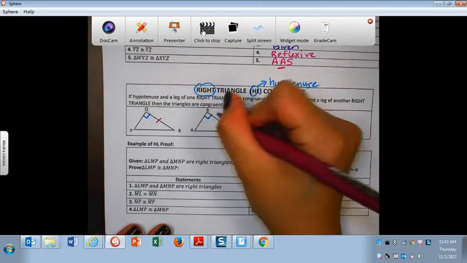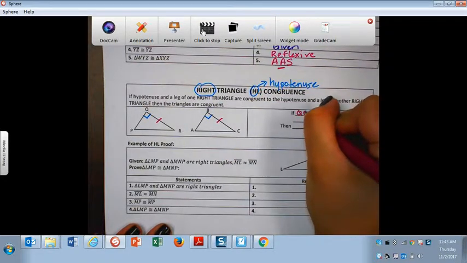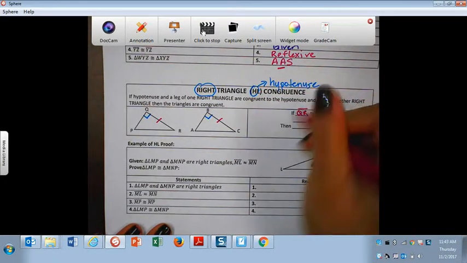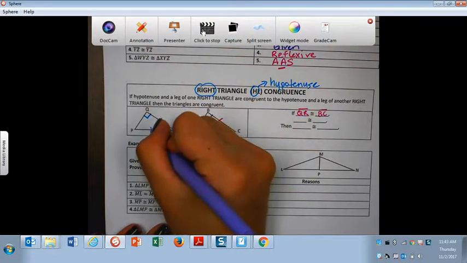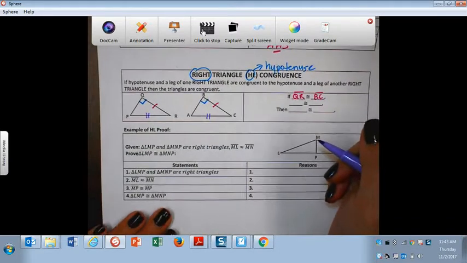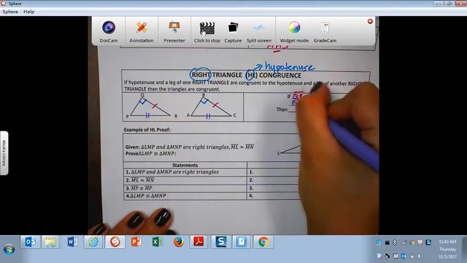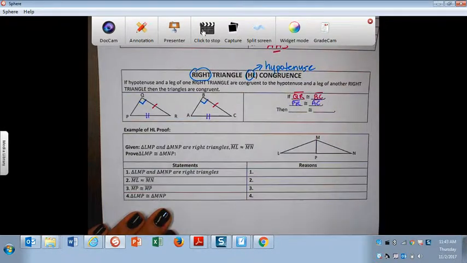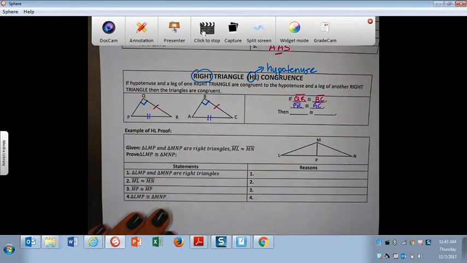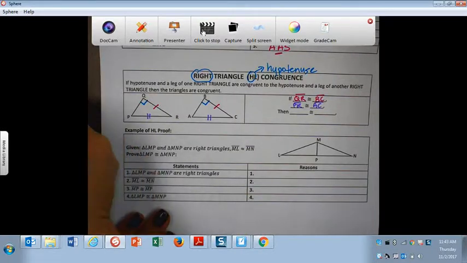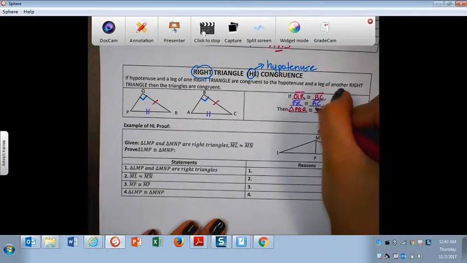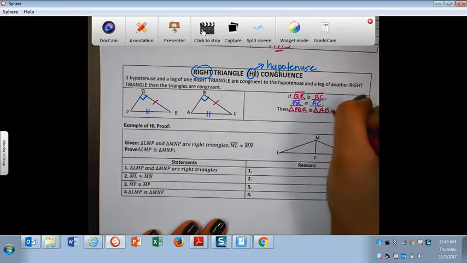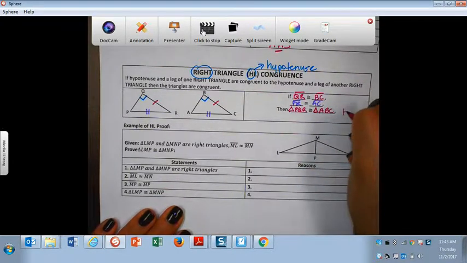And then we know that if QR is congruent to BC, and if PR is congruent to AC, then we know that triangle PQR is congruent to triangle ABC by hypotenuse leg.